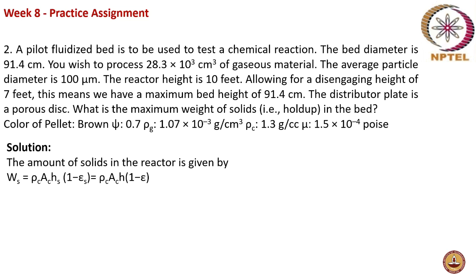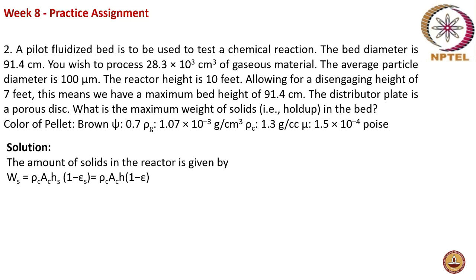Rho C is available, 1.3 is given. Yes. What about AC? What is AC actually? Area. Area of what? It is the area of cross section.